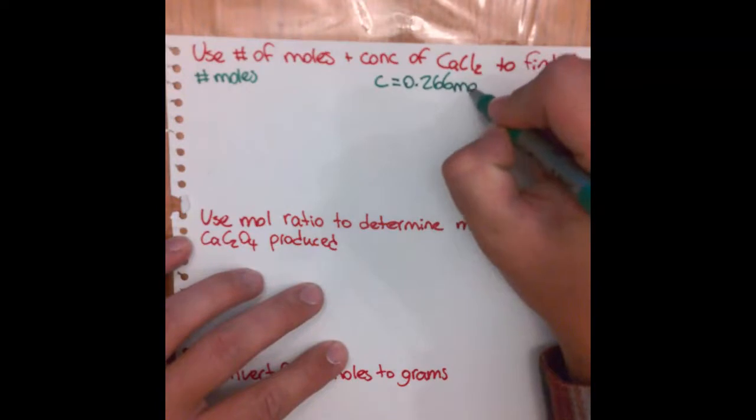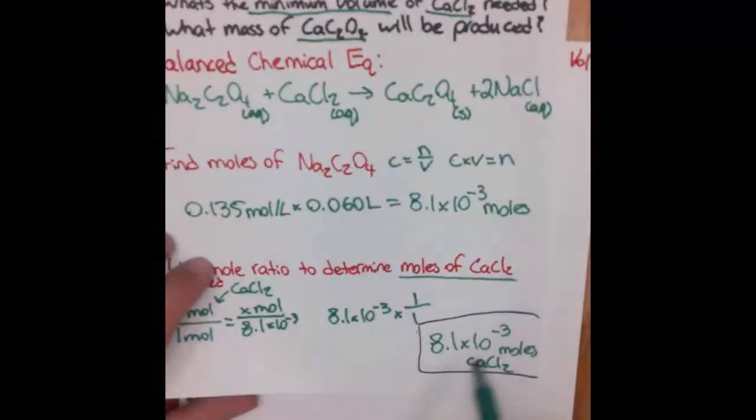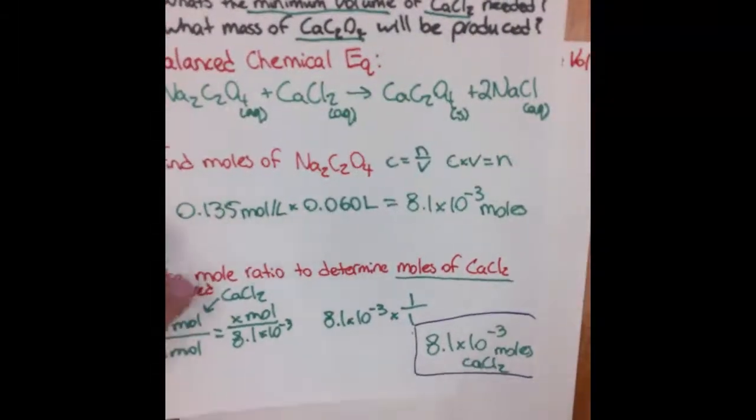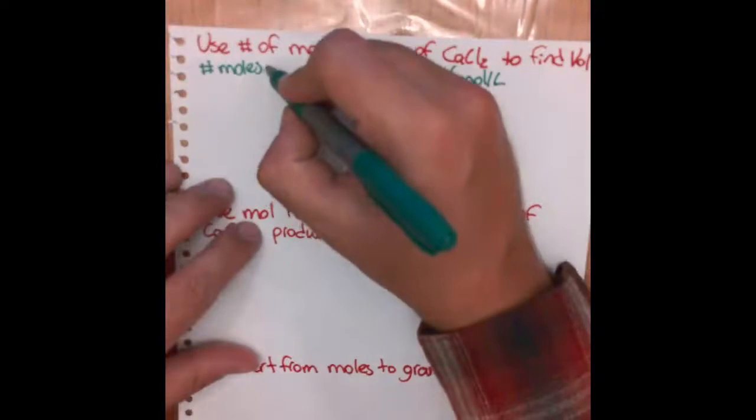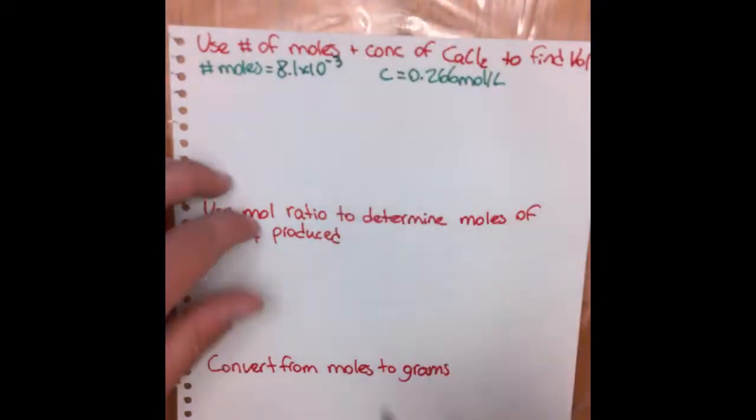My number of moles we figured out at the very end there is 8.1 times 10 to the negative 3 moles.